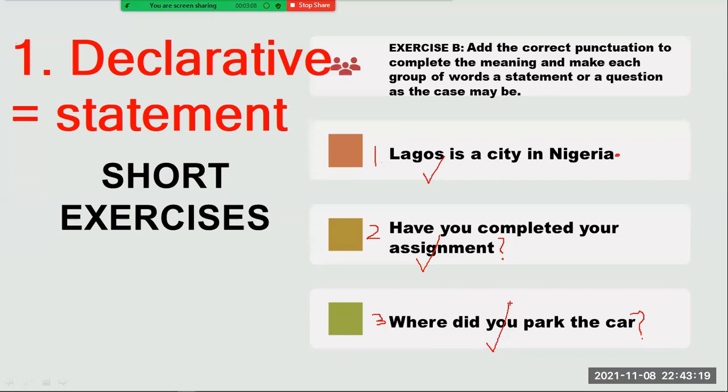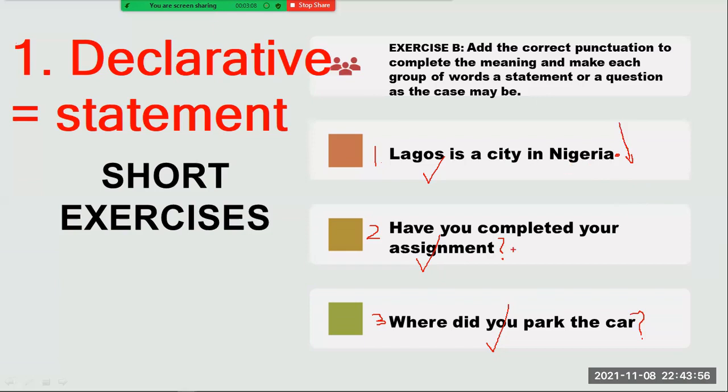Now, I have to mention here that in speaking, we use intonation or tones, if you like, to indicate whether it is a statement or a question. This is a statement, for example, so we express this with a falling tone. Lagos is a city in Nigeria, a falling tone.